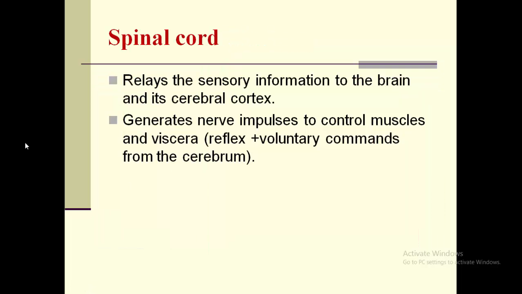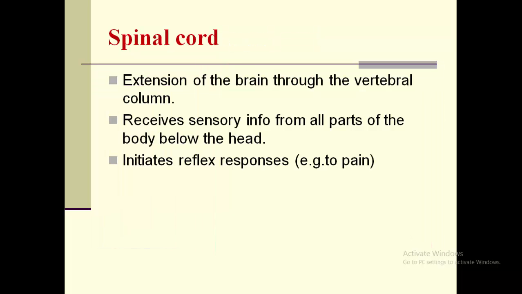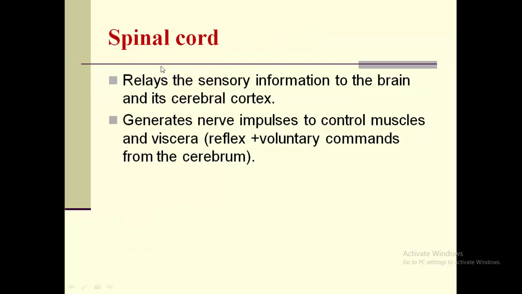What else for the spinal cord? It relays the sensory information to the brain. Whatever, as I said, is felt below the level of the head is perceived by the spinal cord, and then it is to be communicated to the main operations command center, which is the brain.